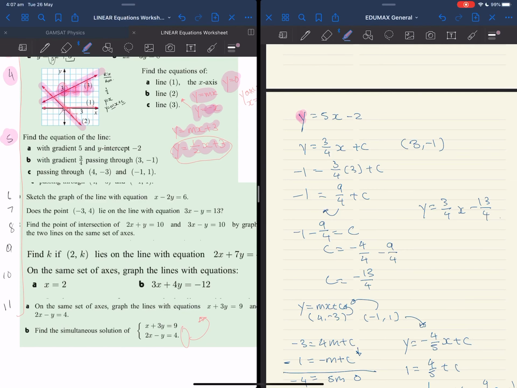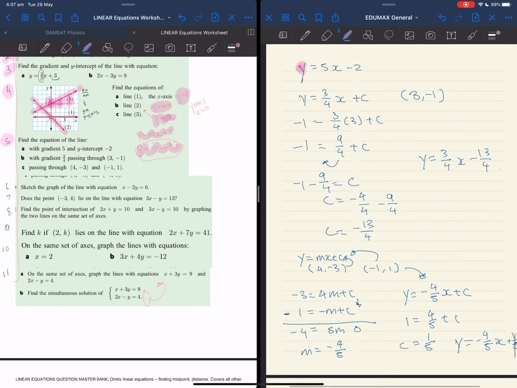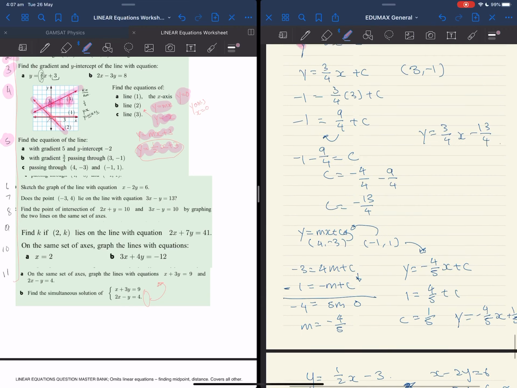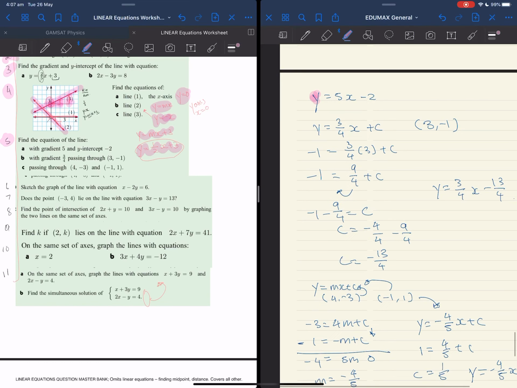Let's do this one. Question 5. Find the equation of the line with gradient 5 and y-intercept -2. Gradient 5, y-intercept -2. That's it. Next, with the gradient 3 over 4 passing through 3 and -1.